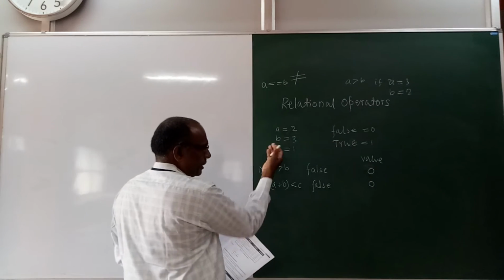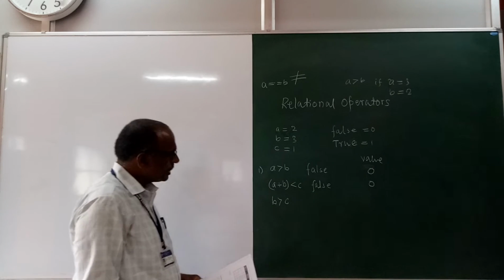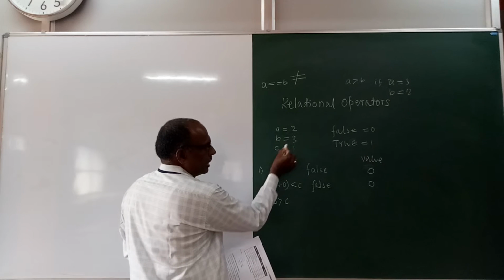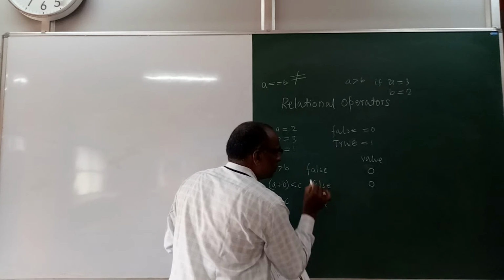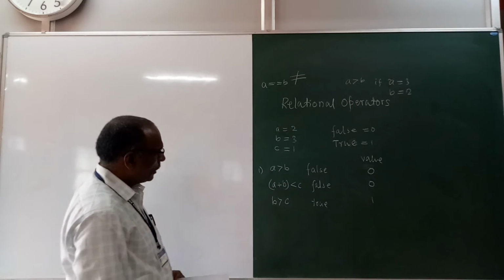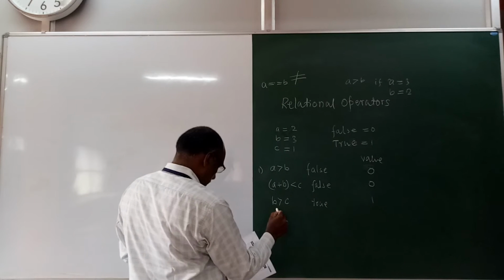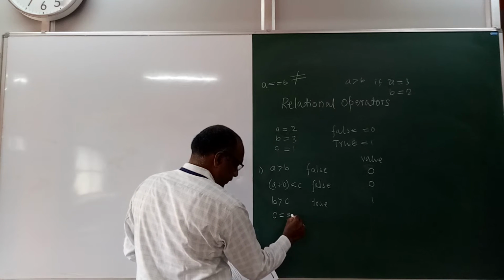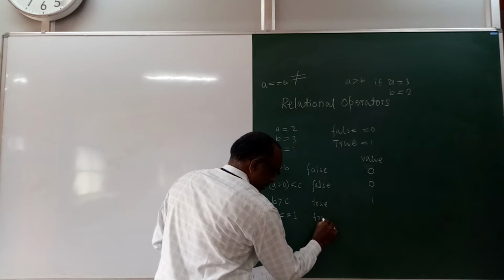I can write using this, say B is greater than C. Look at the value of B. B is 3 and C is 1. Result is true and the value here is 1. If I write using the operator equal to, say C equal to 1, it is true.